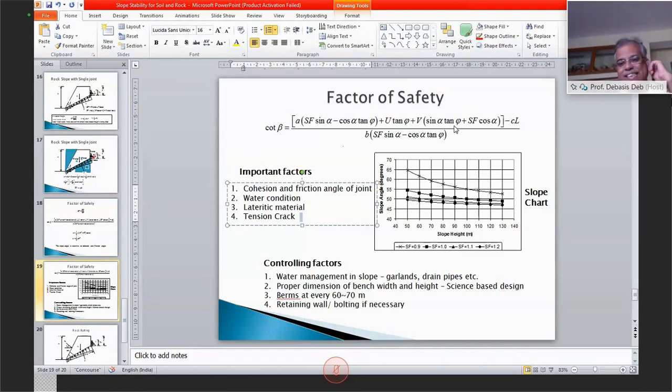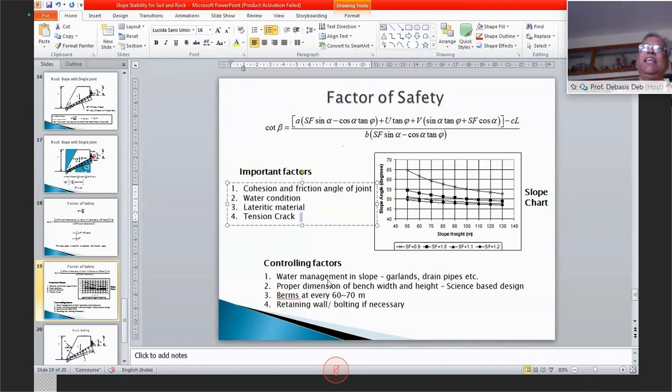Number 2 is the controlling factor, like water. Water management is a very important thing in slope stability and we need to have a proper drainage system.